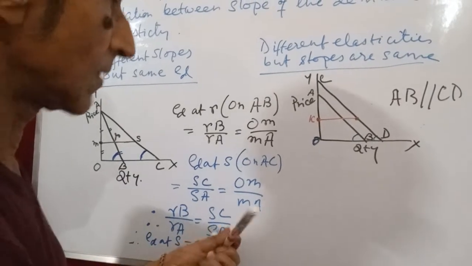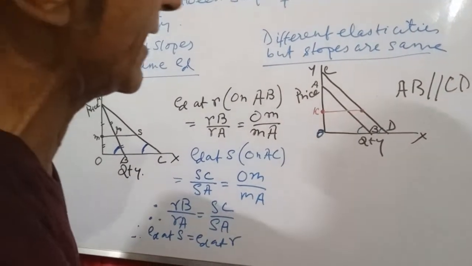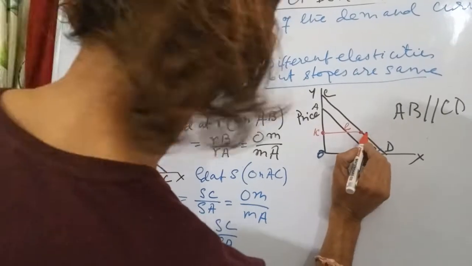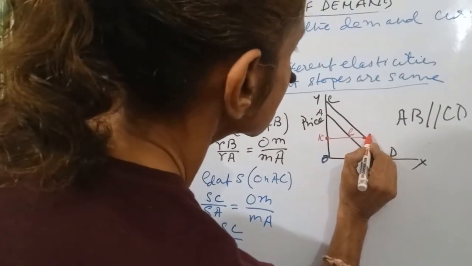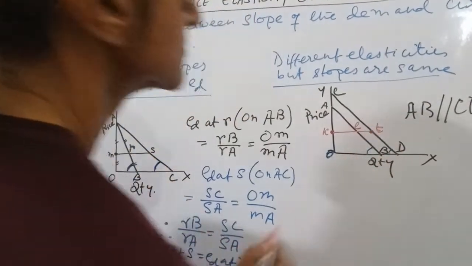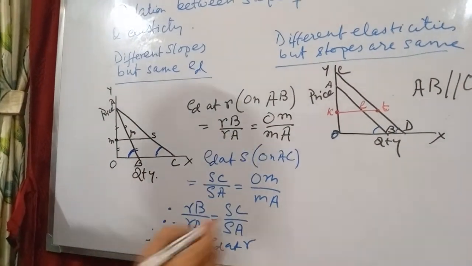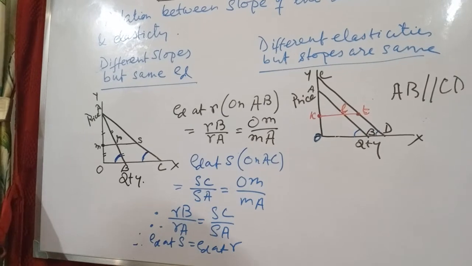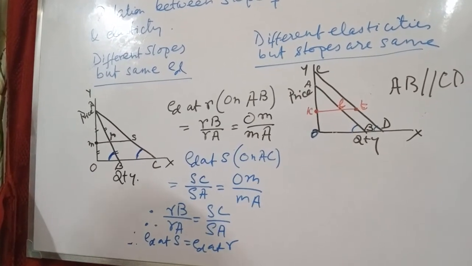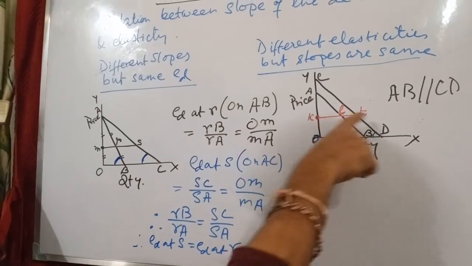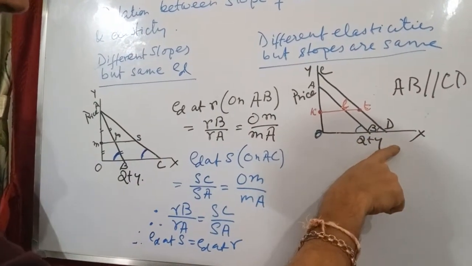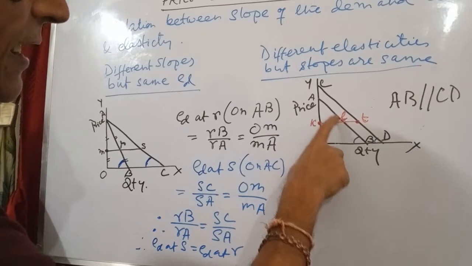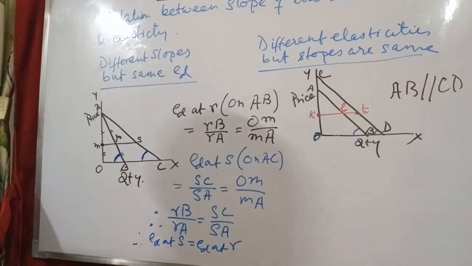Let the line intersect AB at point L and CD at point, say, T. AB and CD are two parallel straight line demand curves, and KT is parallel to the x-axis and cuts demand curve AB at point L and demand curve CD at point T.